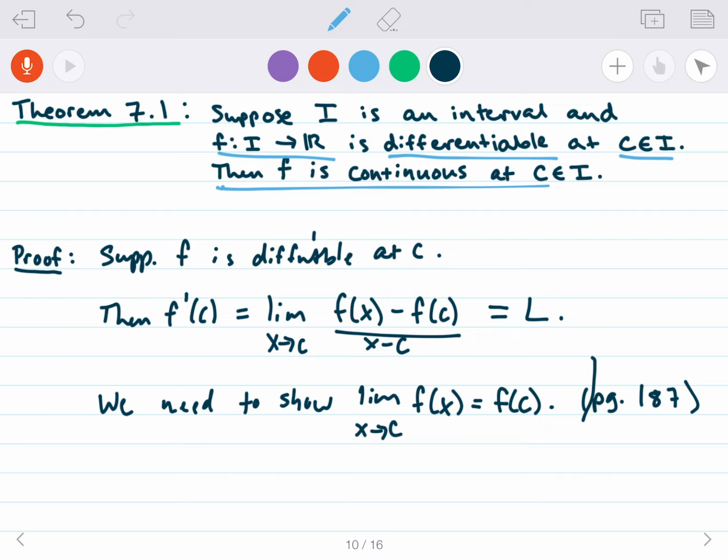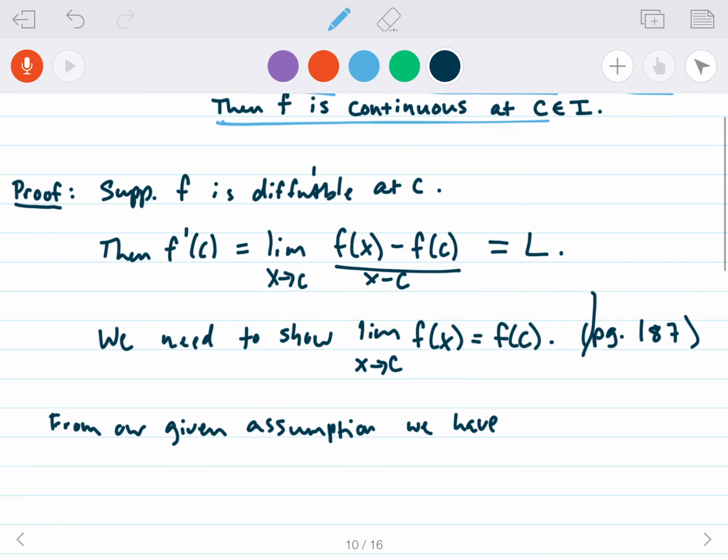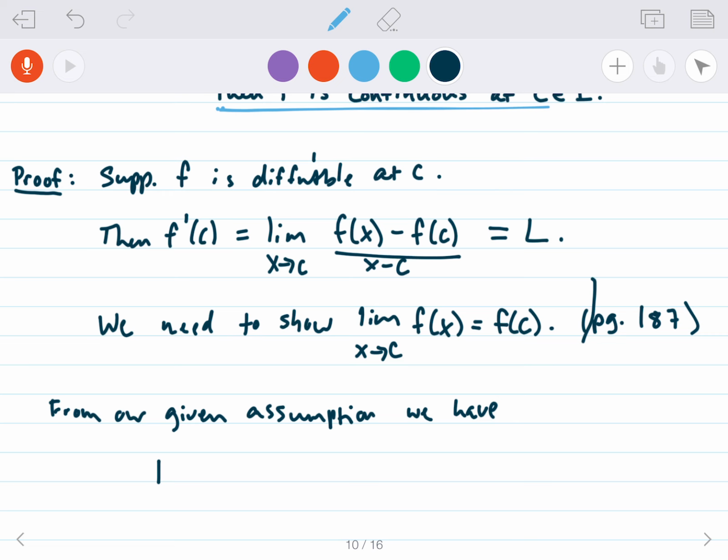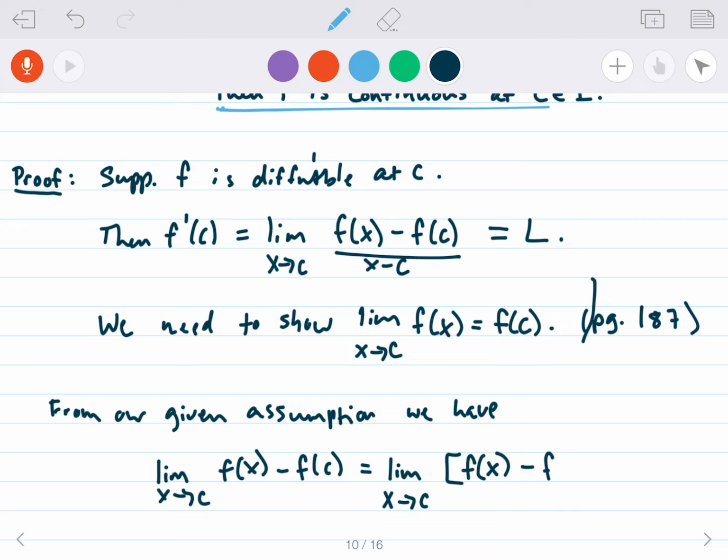All right, so from our given assumption, we have that the limit as x goes to c of f of x minus f of c, well, because f of c doesn't depend on x, this is going to equal the limit as x goes to c of f of x minus f of c.